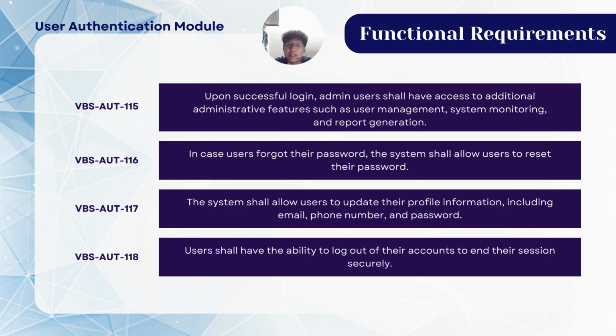And then in case users forgot the password, the system shall allow users to reset their password. Next is the system shall allow users to update their profile information, including email, phone number, and password. And for 118 is users shall have the ability to log out of their accounts to end the session securely.